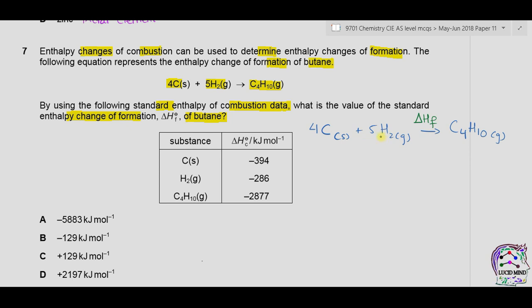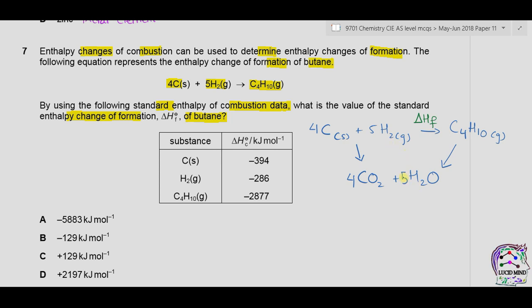Now let's introduce combustion. For carbon combustion, the product is carbon dioxide, and for the combustion of hydrogen, the product is water. So combustion can take place for the elements. It can also take place for the product, which is butane. We balance the number of carbon atoms, so we have 4 carbon atoms now balanced, 5 with H2O, so hydrogen is also balanced.